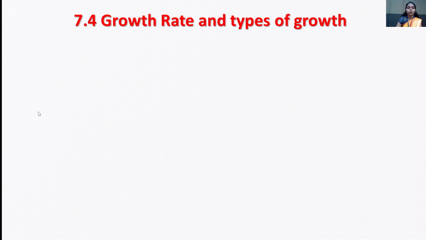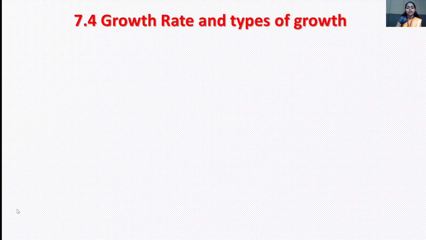The next point is growth rate and types of growth. There are various methods of measurement of linear growth of stem and radicle: the direct method, horizontal microscope, auxanometer, and crescograph.